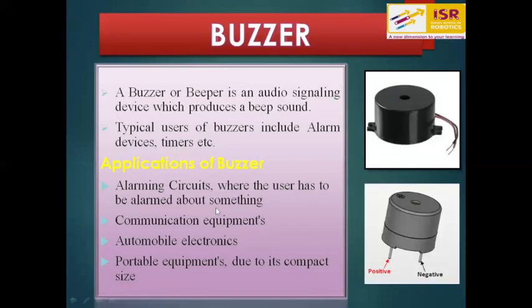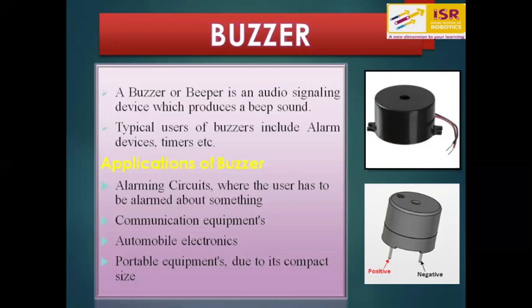Now moving to our next topic, that is buzzer. So a buzzer is basically an audio signaling device which produces a beep sound. You can see the images of buzzers on the right side, and in the buzzer also we have two terminals, as you can see, positive and negative.